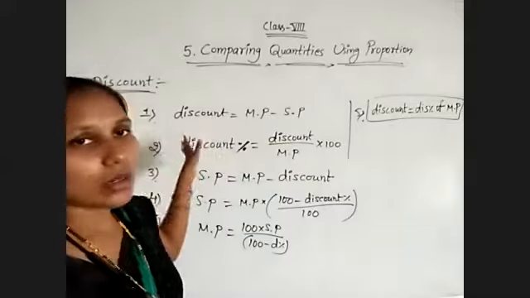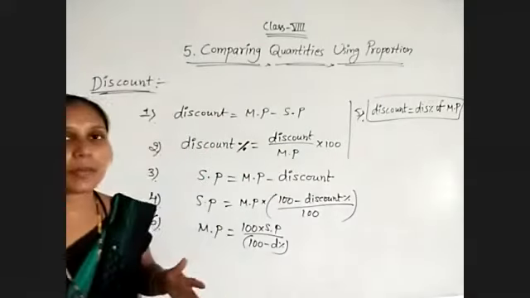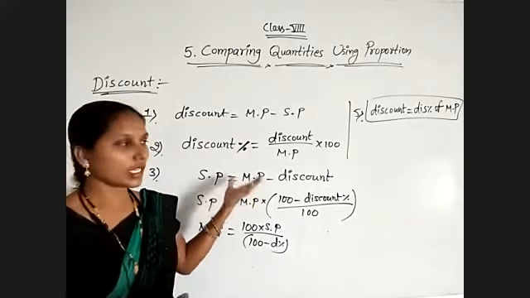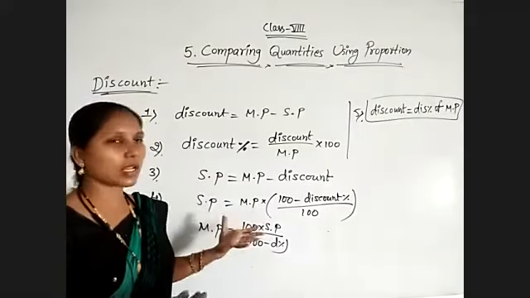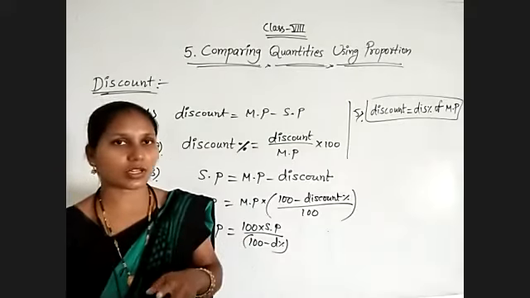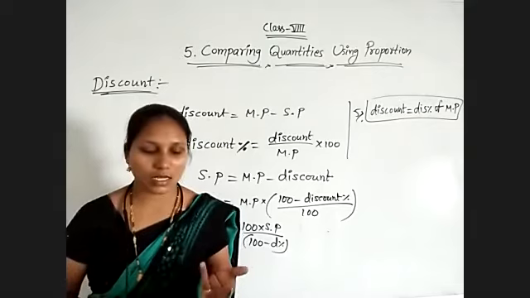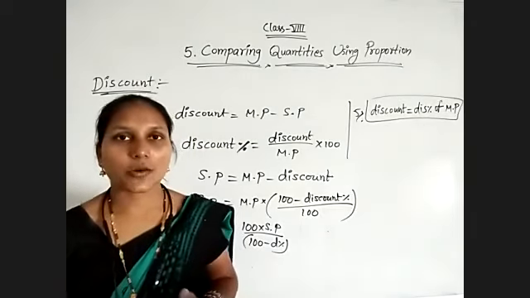So now we will see the next topic, that is profit and loss, and these formulas you need to learn by heart. Without these formulas, we can't simplify even one question. And coming to profit and loss, there also we will get formulas. And thirdly, value added tax is there.